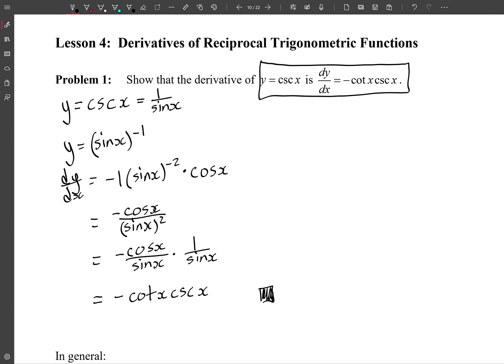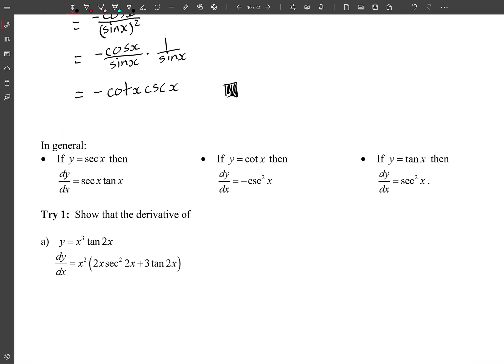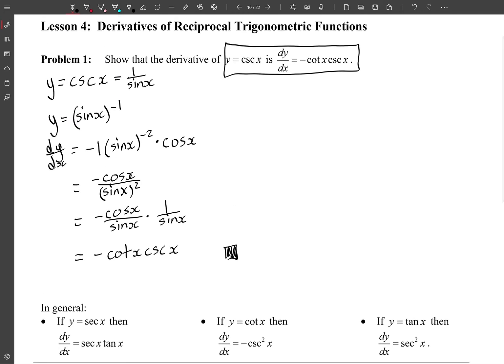Now, I'm not going to do all of them, but using the exact same process, we can get that the derivative of secant x is secant x tan x. The derivative of cotangent x is negative cosecant squared x. And the derivative of tan x is secant squared x. A useful little note, if you've noticed, the derivative of anything that starts with a c is always negative.